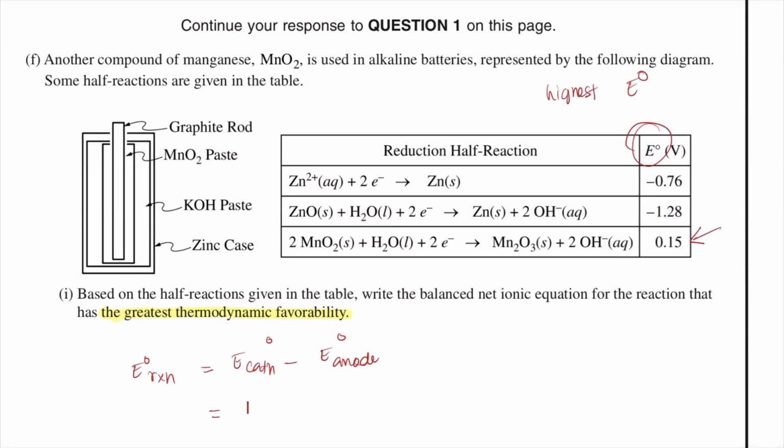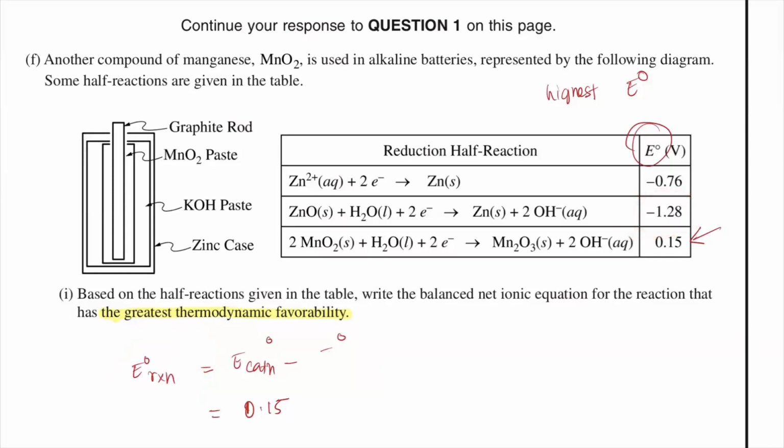So that is going to be 0.15 minus, and our E anode is either this one or this one. But if we want the highest E naught reaction, we need to choose the lowest one, so that means this one.